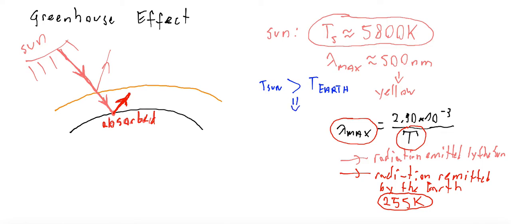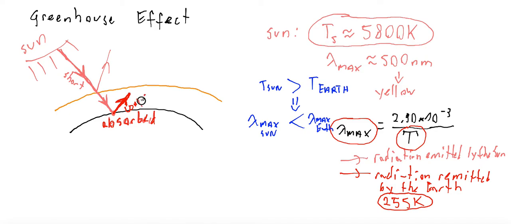So lambda for the most intense radiation of the Sun is much less than lambda for the most intense radiation of the Earth. What does it mean? It means that radiation re-emitted by the Earth is much longer than the Sun's radiation. I'm going to write this: short wavelengths, and longer wavelengths for radiation emitted by the Earth.